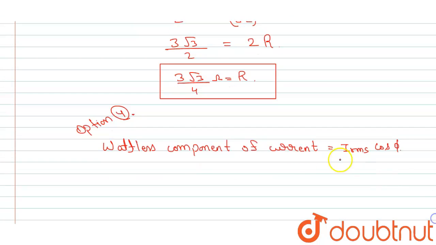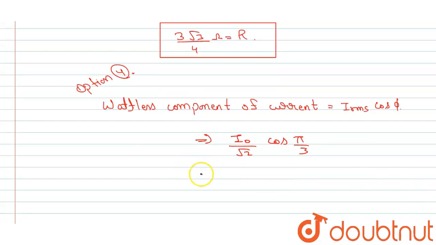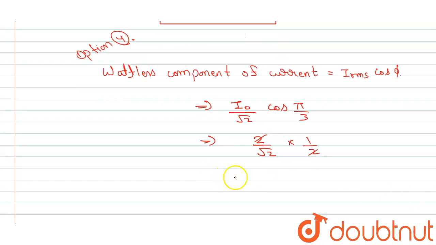We know that the value of Irms is equal to I0 by root 2. So putting these values, I0 by root 2 into cos pi by 3, simplifying, we get 2 by root 2, and the value of cos pi by 3 is 1 by 2. So here 2 is cancelled, and the wattless component of current will be equal to 1 by root 2.